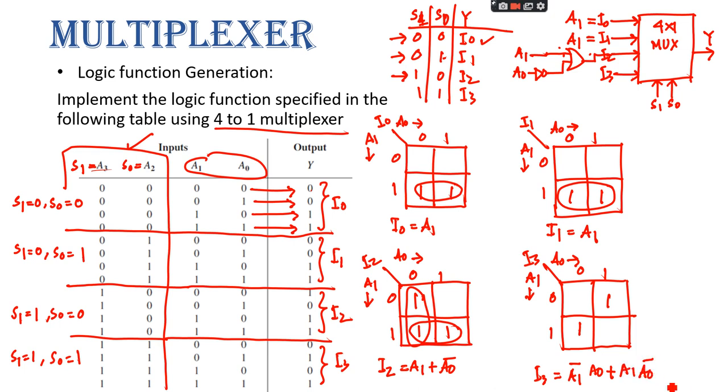So this is A1 XOR A0, right? So if you have A1 and A0, they should be connected to an XOR gate, and that should be connected to your I3. Make sense? Yes, sir.